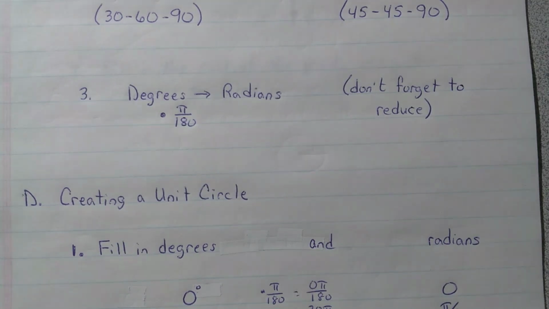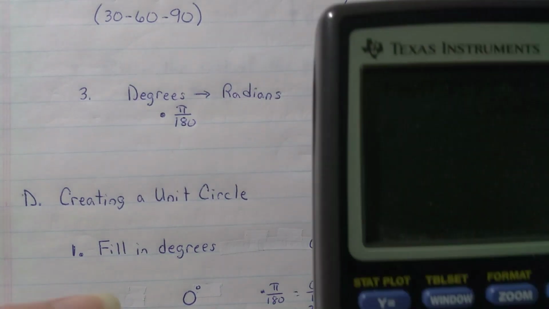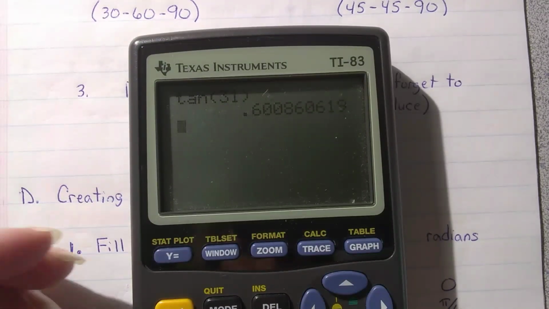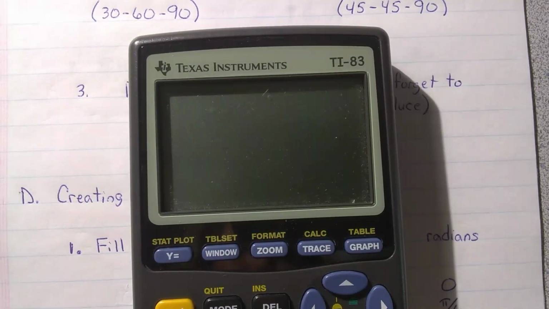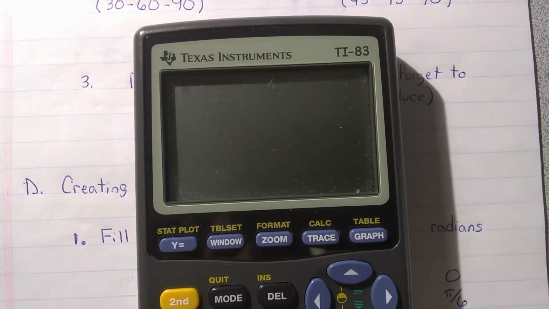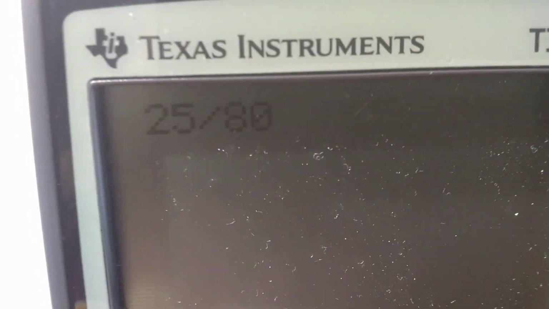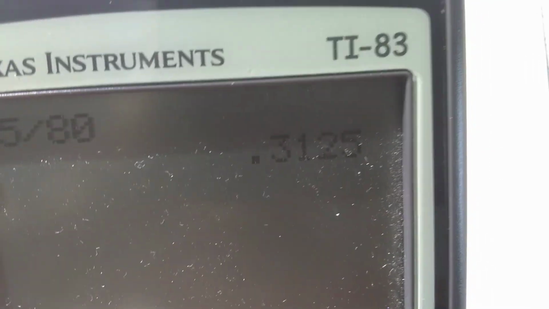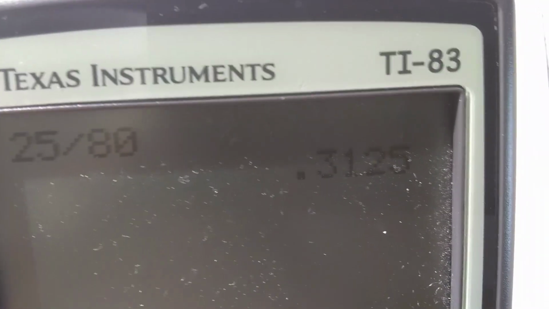For those of you who were not aware, your calculators have a function that will allow you to reduce on there. So if I have, for example, 25 over 80, hopefully you guys can see that. There we go. 25 over 80, and if I hit enter, it will change it to a decimal.